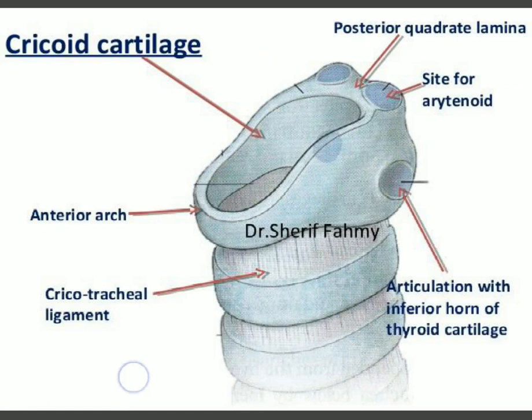So various facets are present. This is the site where the arytenoid cartilage articulates with the cricoid, and this is the site where the inferior cornua of the thyroid cartilage articulates with the cricoid cartilage.